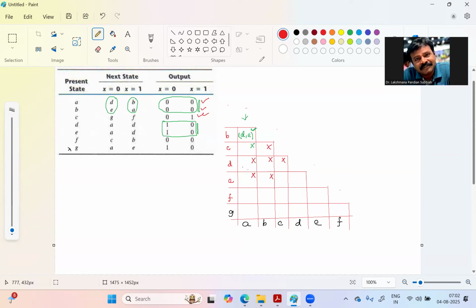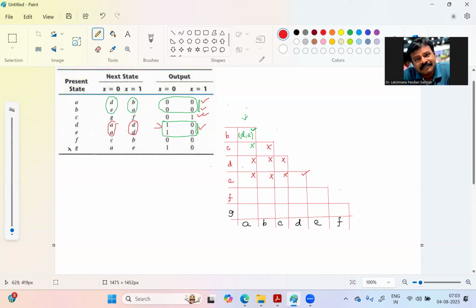Then CE has different outputs. Then DE has the same output, so we make a tick mark. Through DE, both are the same, so there is no implied pair. We make only a tick mark.